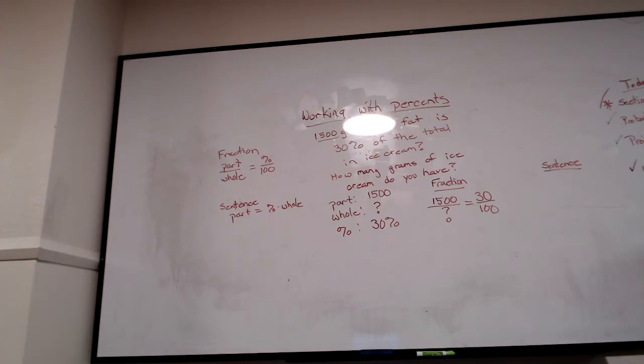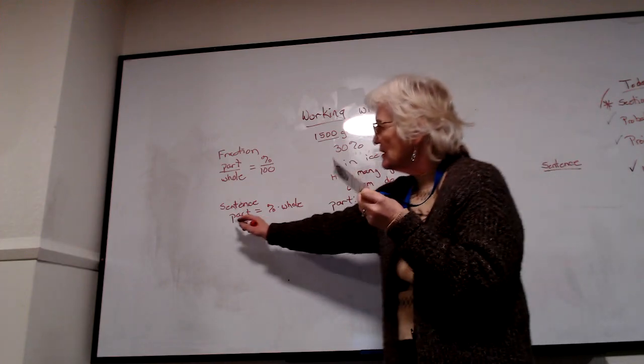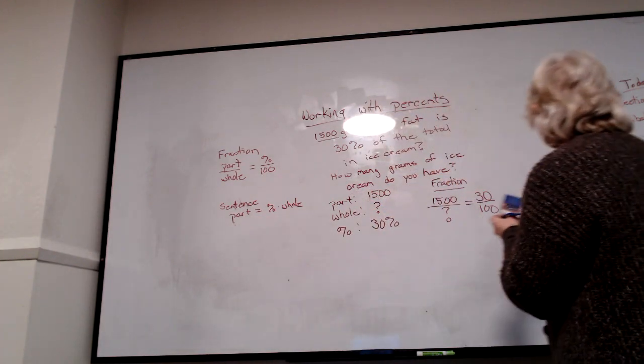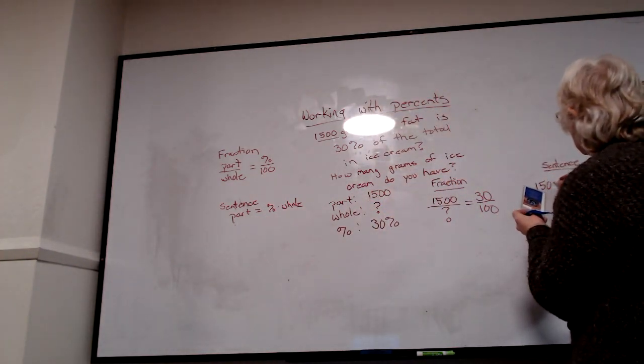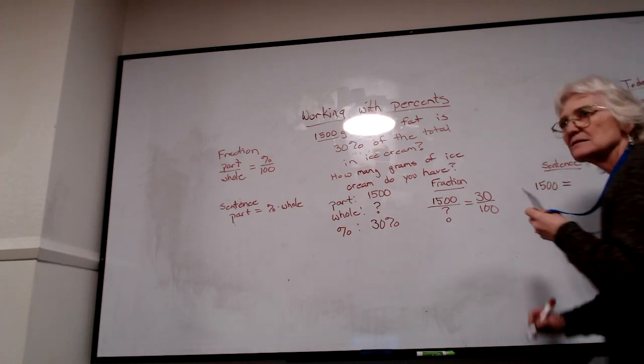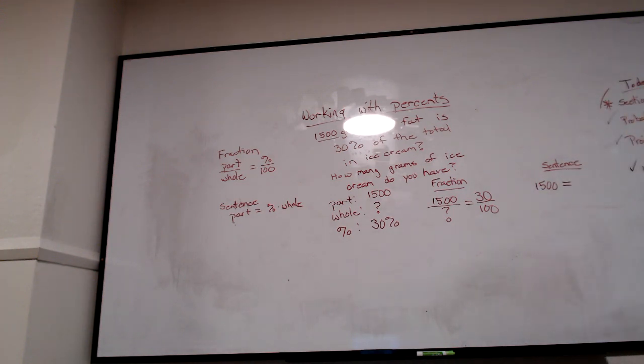In our equation, the part comes first, so it's going to be 1,500 equals 30%, which we write as a decimal, times the whole, which is a question mark, because we don't know what it is yet. Both of those statements are fine.